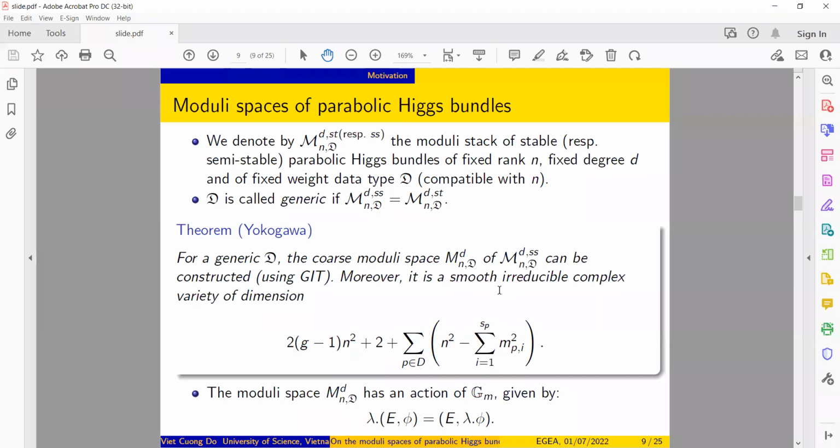I should mention a little bit here that this moduli space has an action of G_m. It's very important for my calculation. I will try to use this action to stratify this moduli space to get some smaller pieces, and I do some calculation on these smaller pieces.